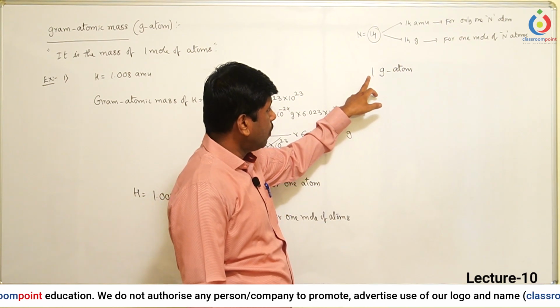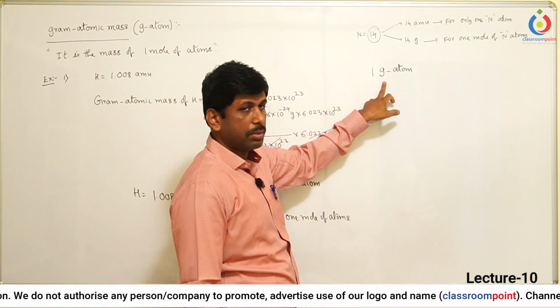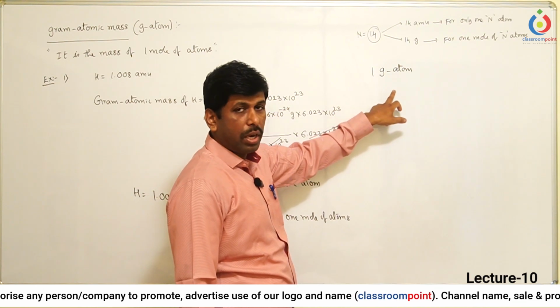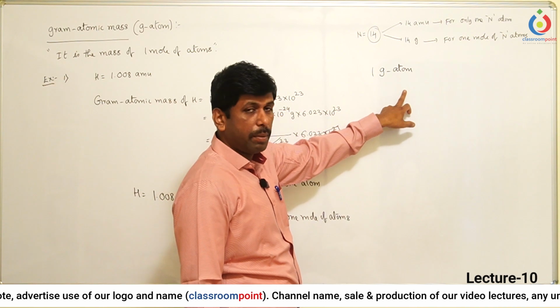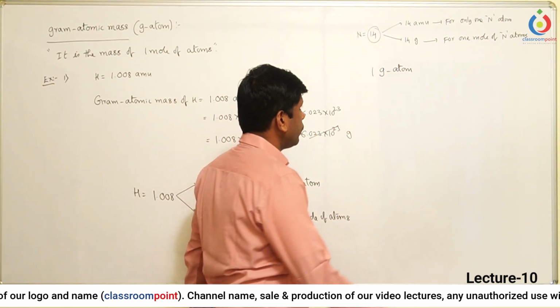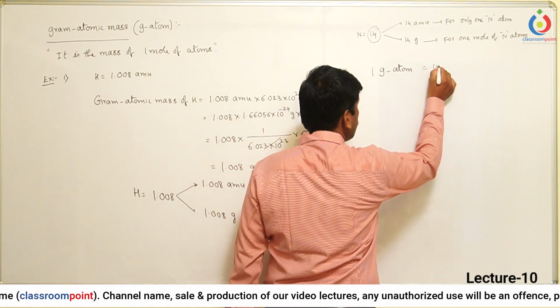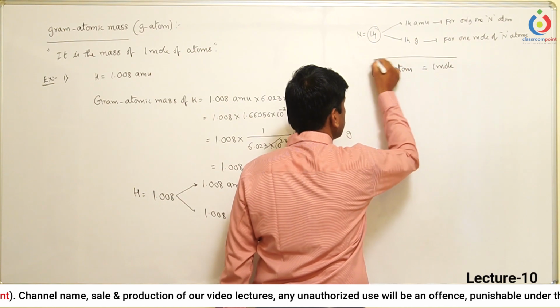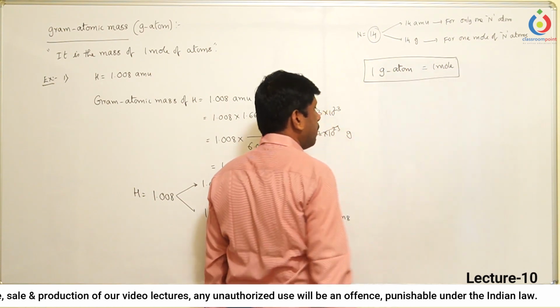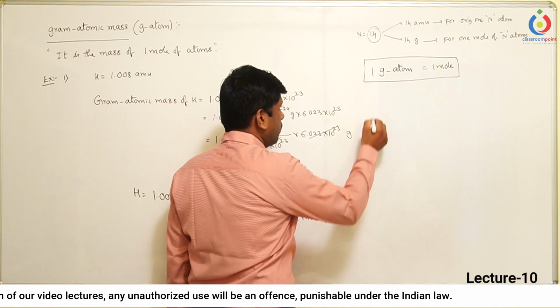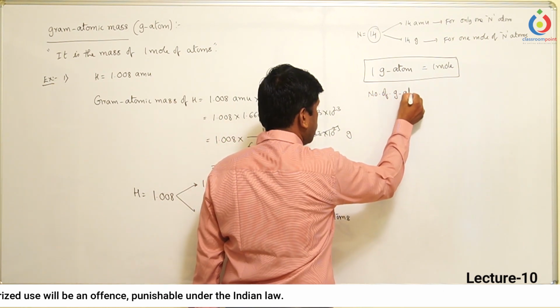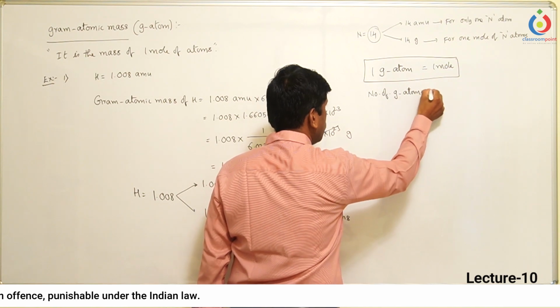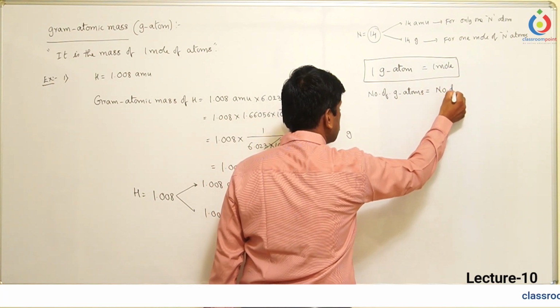It is the mass of 1 mole of atoms in grams. If you write 2 gram atoms, it means the mass of 2 moles of atoms in grams. That's why 1 gram atom is always equal to 1 mole. 2 gram atoms means 2 moles, that means the number of gram atoms equals the number of moles.